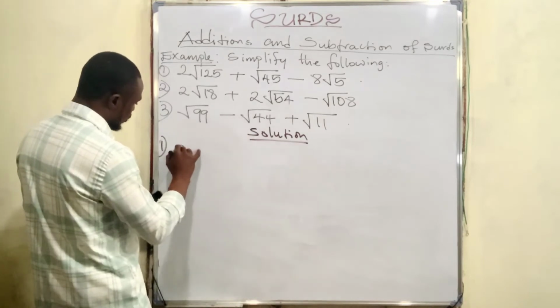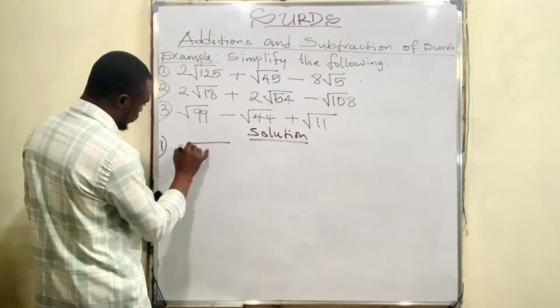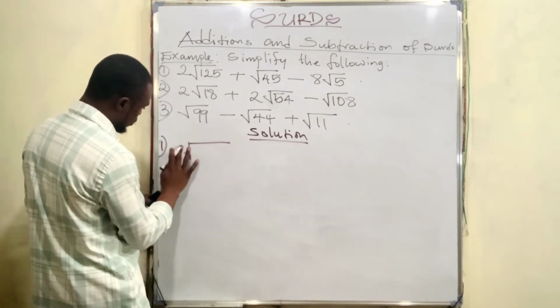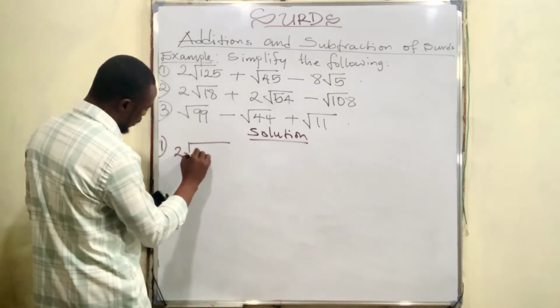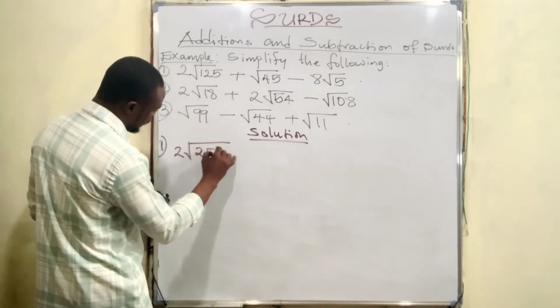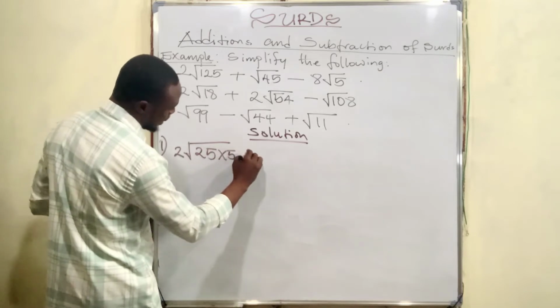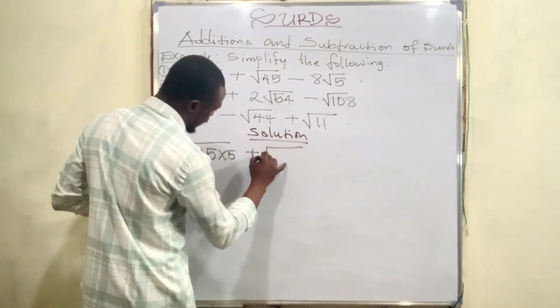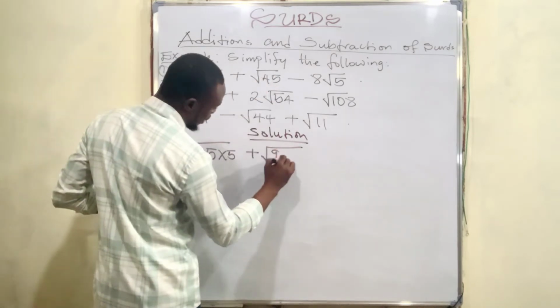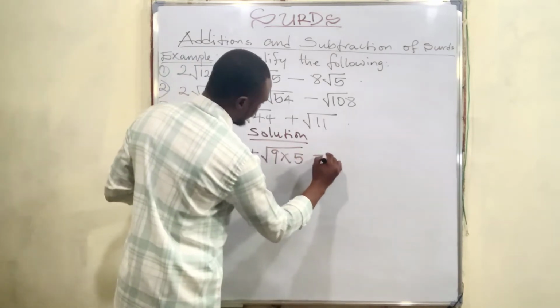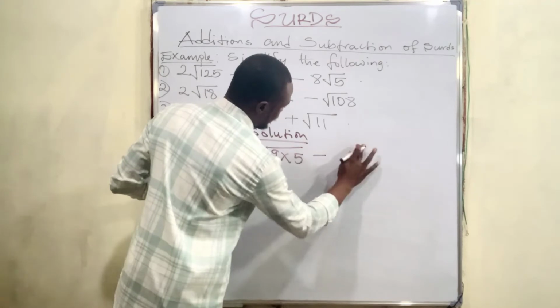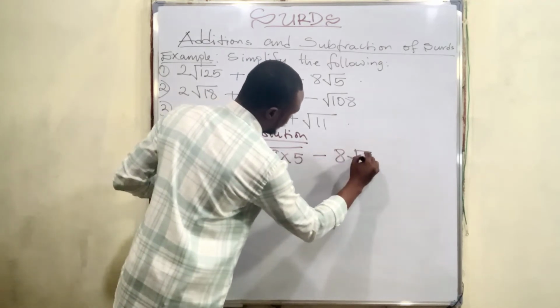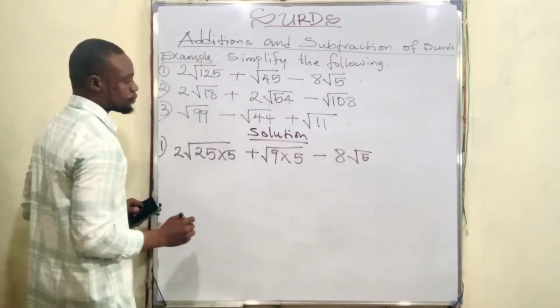So we have 2 times the root of 25 times 5 as 125, plus this is it. Now for 45, 45 is the same as 9 times 5, minus 8 root 5. Okay.